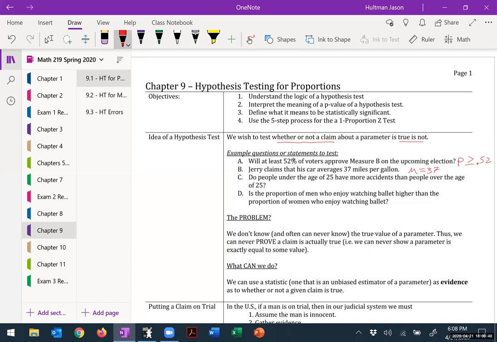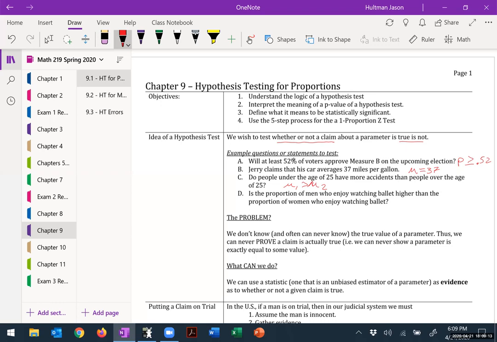Part C, do people under the age of 25 have more accidents than people over the age of 25? This is a comparison. We would ask, is mu under 25, or mu 1, the same or more than the people over 25?